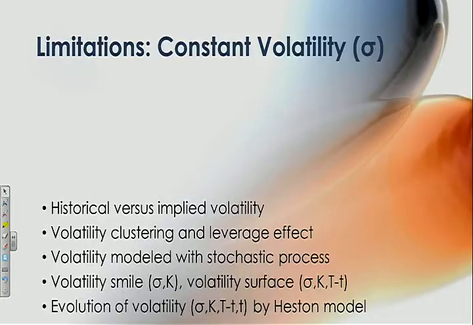The next limitation we will discuss has to do with the constant volatility assumed in the model. Volatility is a measure of the standard deviation of the stock return, which is the only parameter in the Black-Scholes pricing formula that cannot be directly observed. All the other parameters like the stock price, maturity, and risk-free rate are pretty much deterministic.